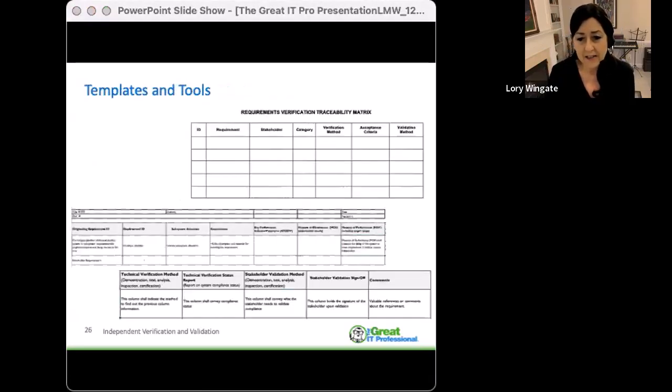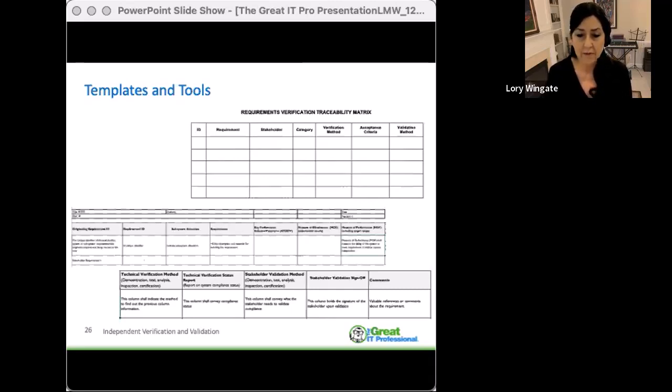So I've added in some template material if you want to try this with one of your own projects, which I highly recommend. The RVTM will capture each requirement, who the stakeholder is, or who owns the requirement. If it's a customer, obviously pay careful attention to that. What category it falls in, the verification method, the acceptance criteria, and the validation method. Each requirement needs a unique identifier.